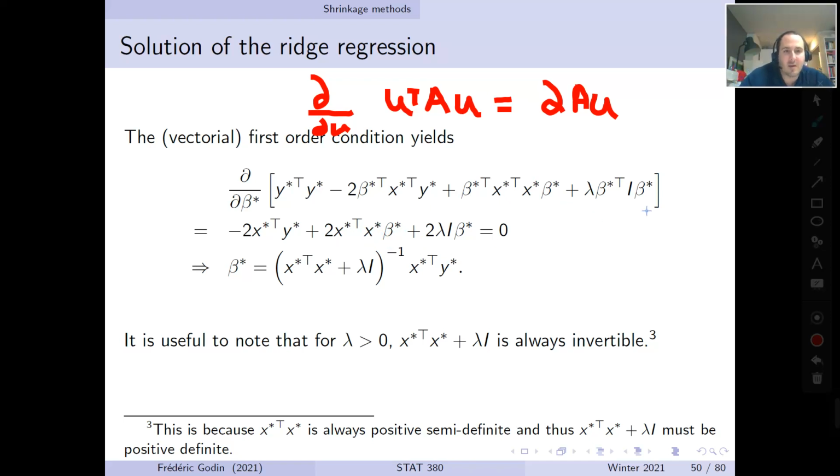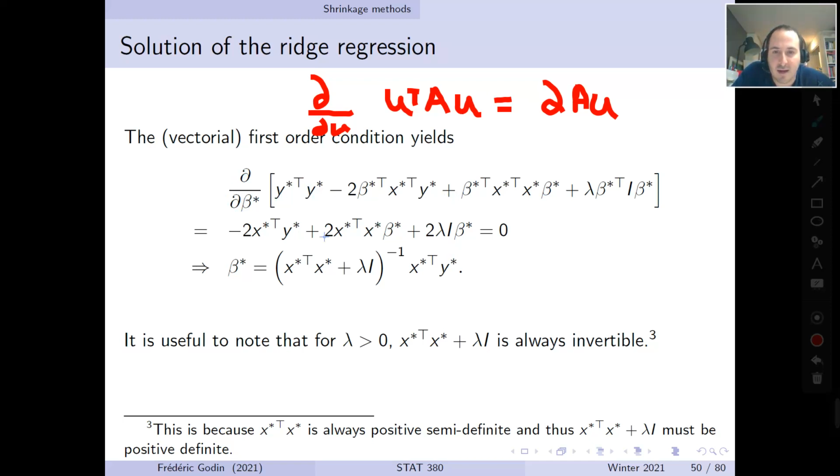And same thing for that last term. We have lambda times, then this beta disappears here and is replaced by a 2. So this becomes I beta star. Of course, the identity can vanish, but we keep it there to make it more convenient at the next slide.